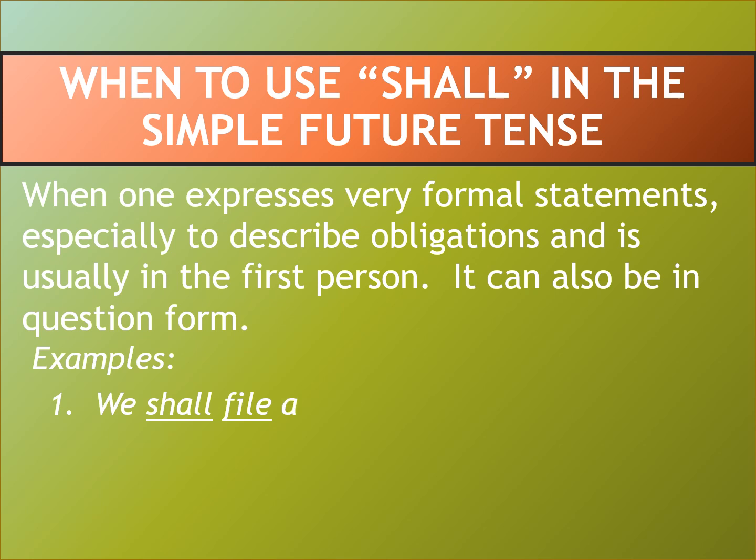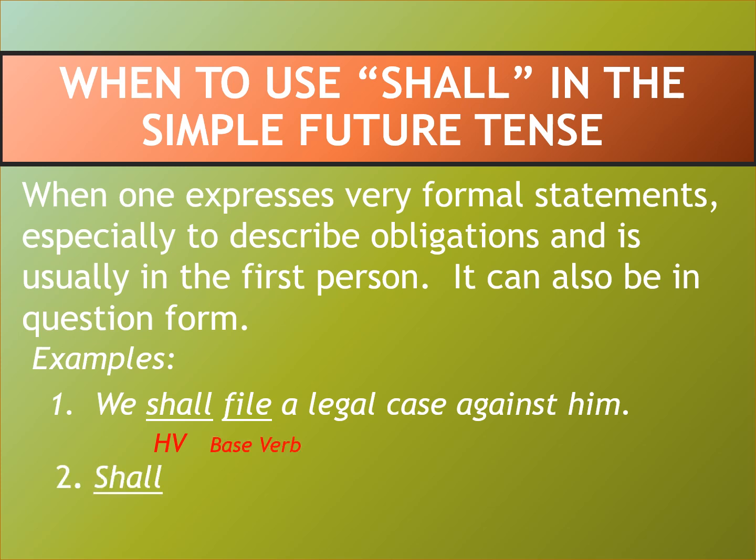First, we shall file a legal case against him, where shall is the helping verb and file is the base verb. Number 2, shall we start the meeting now? Here, shall is the helping verb and start is the base verb.